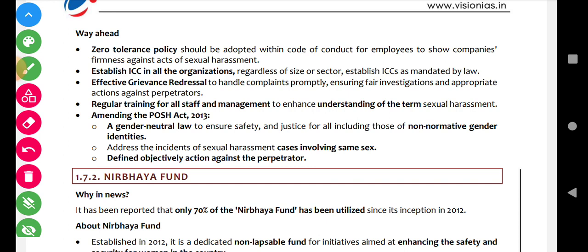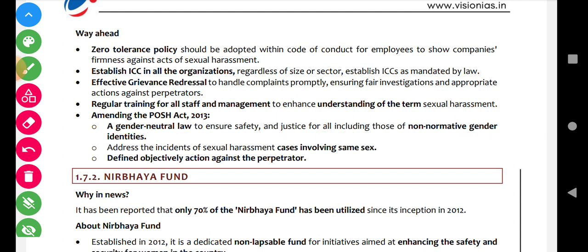Regular training for all staff and management to enhance understanding of the term sexual harassment, and amending the POSH Act 2013 into a gender neutral law to ensure safety and justice for all, including those of non-normative gender identities.